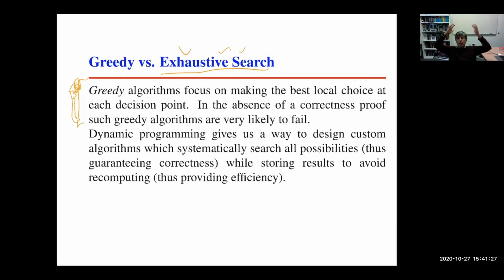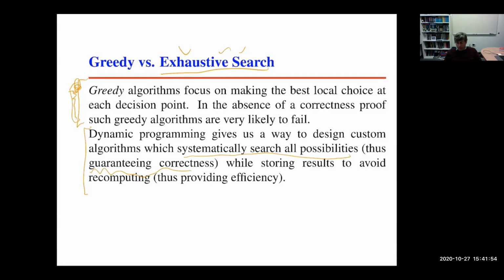That's why it's kind of amazing minimum spanning tree worked. Dynamic programming philosophically is a way of giving an algorithm that is going to search through all possibilities systematically, which is why I'm going to know it's correct. But it's going to store results to avoid recomputing, which is why it's going to be fast.